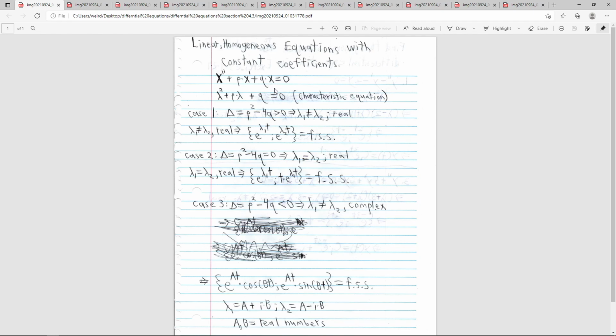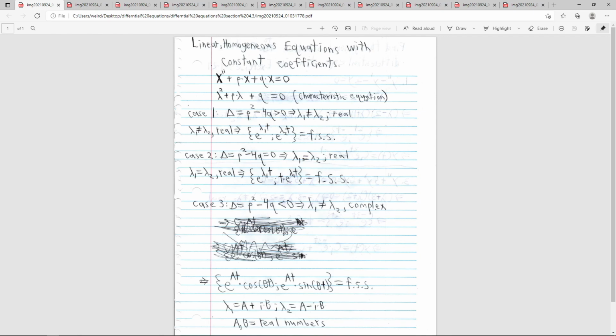So lambda raised to the 0 power is not shown, but you have lambda and lambda squared, because the second derivative and first derivative are lambda squared and lambda respectively.